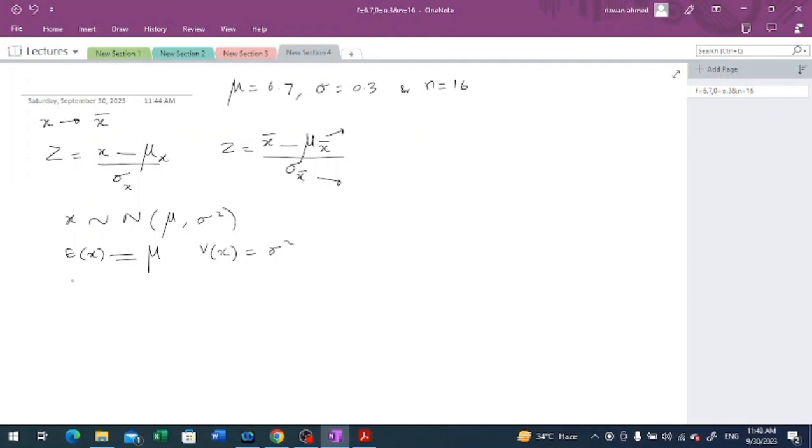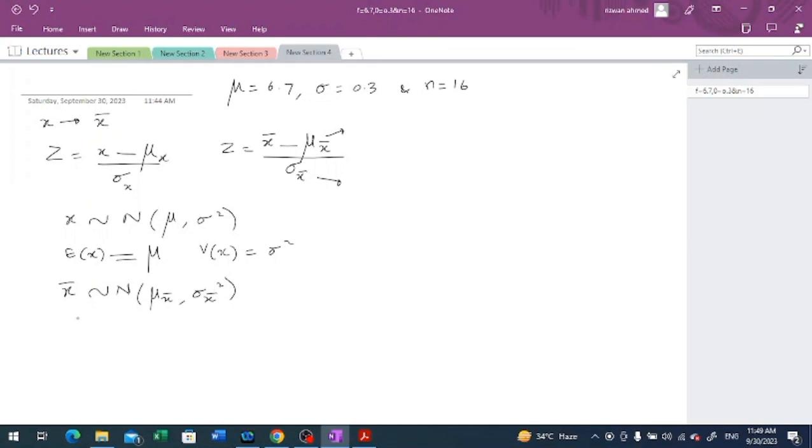Now, since our variable is x bar, we assume the same thing, that x bar also follows normal distribution with mean mu of x bar and variance sigma of x bar squared.